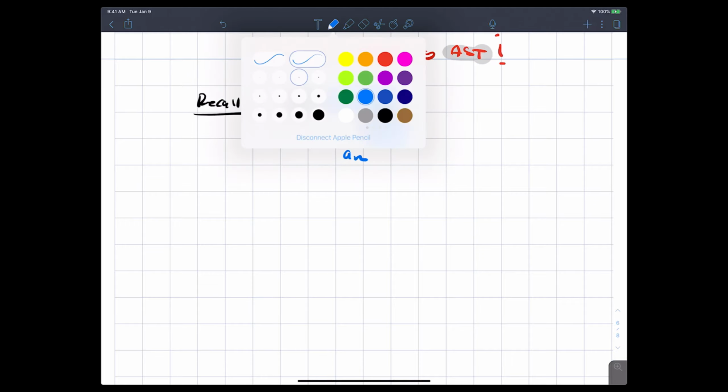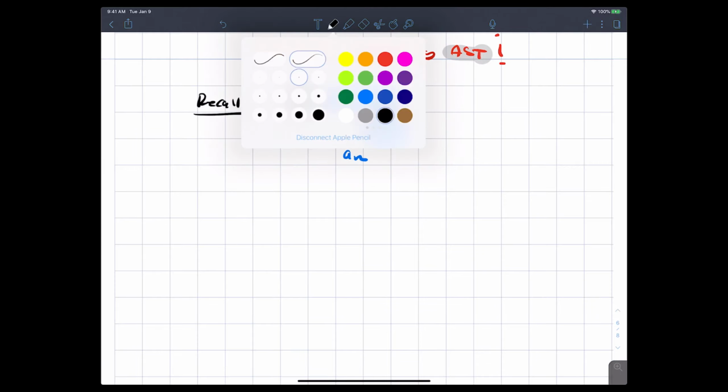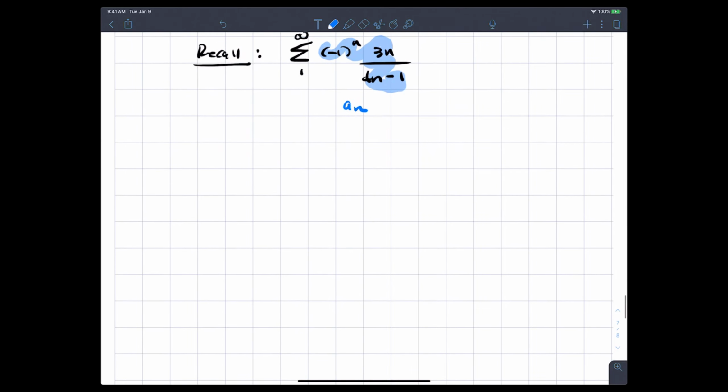And you say, well, why do I want to think of that one just as an? Because what I know is that the limit as n gets big of an is the limit of -1 to the n, 3n over 4n minus 1.